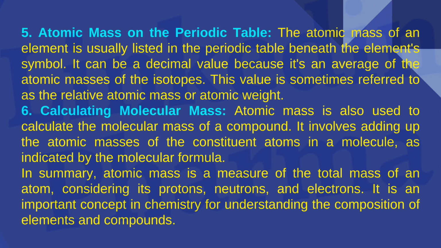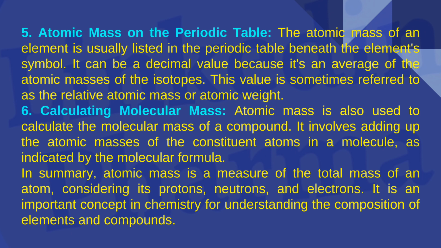5. Atomic mass on the periodic table. The atomic mass of an element is usually listed in the periodic table beneath the element's symbol. It can be a decimal value because it's an average of the atomic masses of the isotopes. This value is sometimes referred to as the relative atomic mass or atomic weight. 6. Calculating molecular mass.